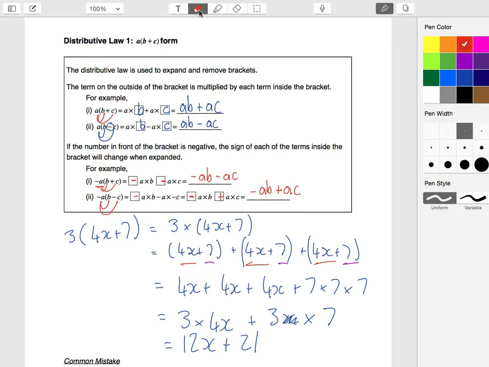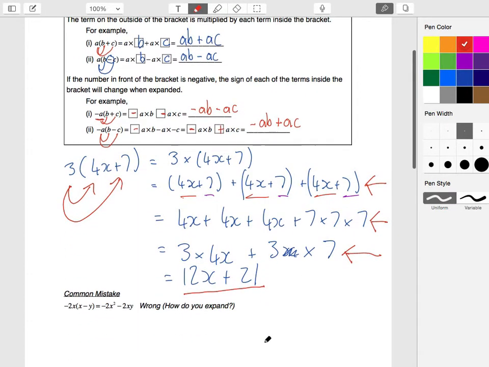Now by looking at these two middle lines of working, we can see that we're taking the long way in order to expand the brackets and collect the like terms respectively. However, by looking at this third line down here, we can see that all we're really doing is multiplying the 3 by the 4x and then the 3 by the 7, just like we did in the examples, thus giving us the ultimate answer, 12x plus 21.